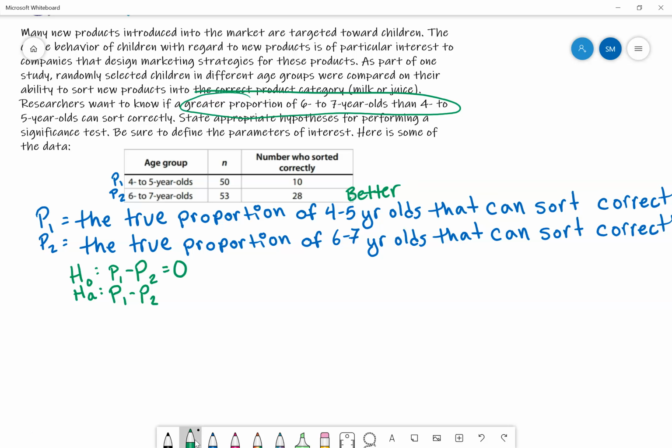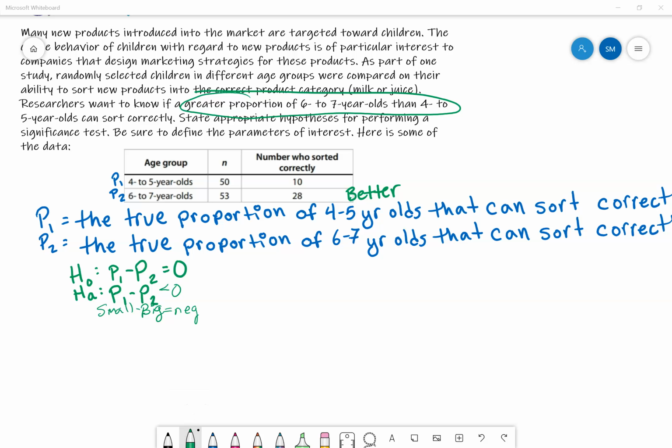Because they're saying that those guys are better, that means that this number should be a bigger number and this number should be the smaller. If you subtract a small number minus a big number, you get a negative, which means that this is going to be less than 0.